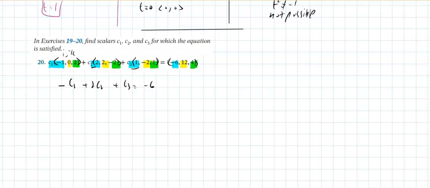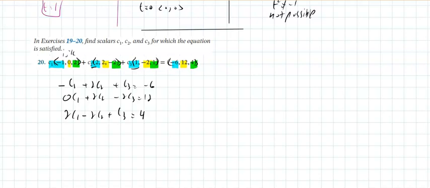So here we have 0C1, the yellow, plus 2C2 minus 2C3 equal 12. And the green would be 2C1 minus 2C2 plus C3 equal 4.